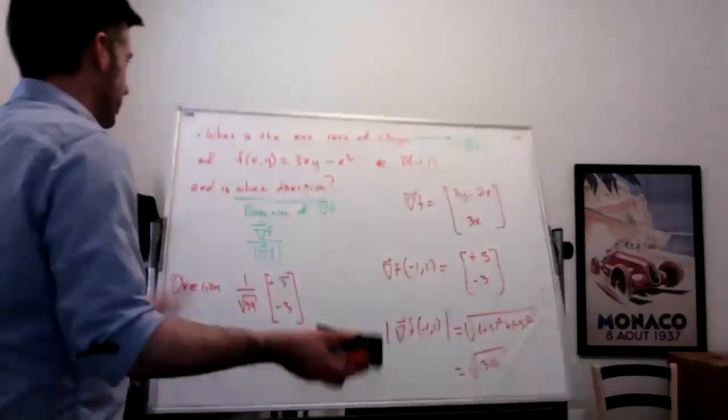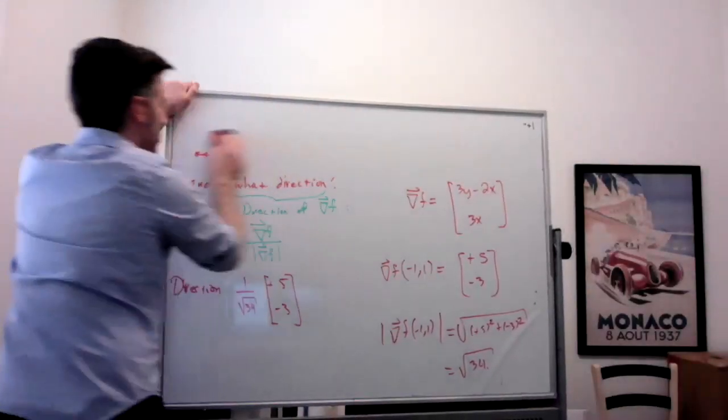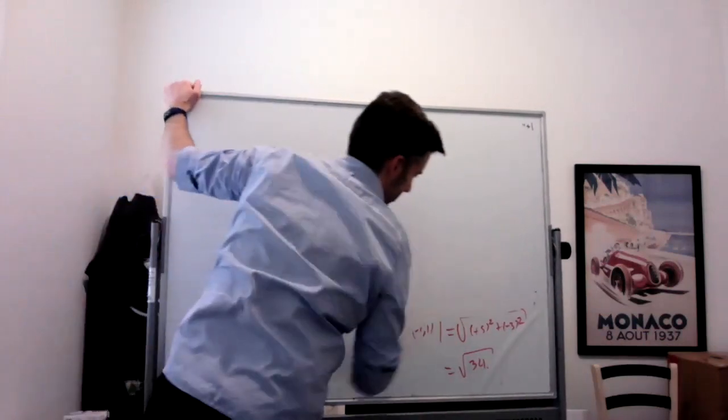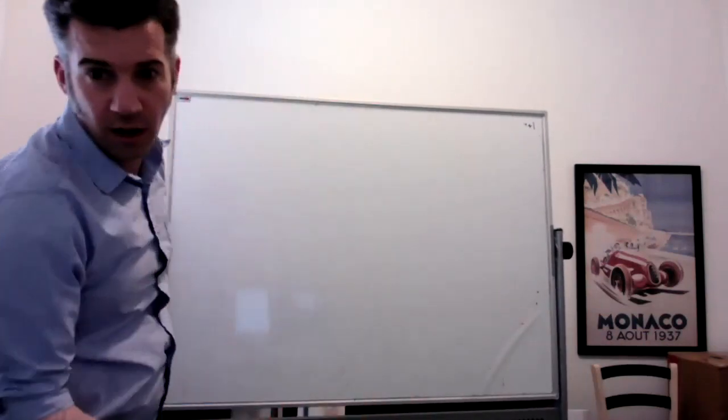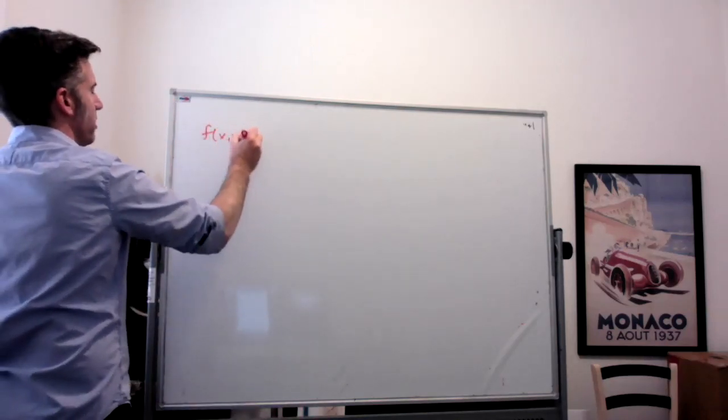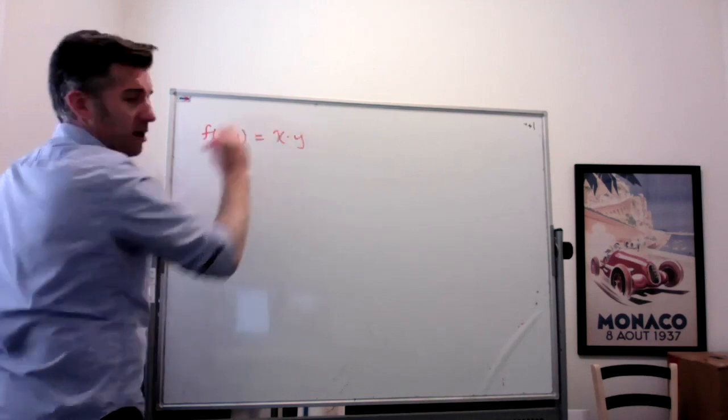So sometimes someone might ask, and I know we're almost out of time here, someone could ask a question like the following. Here's a function: f of x, y is x times y.